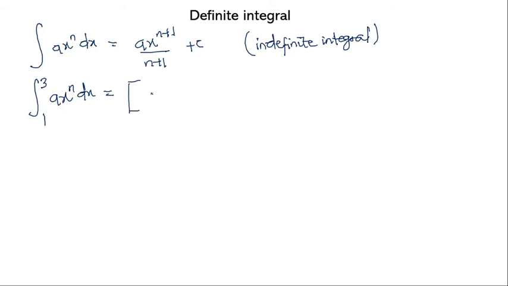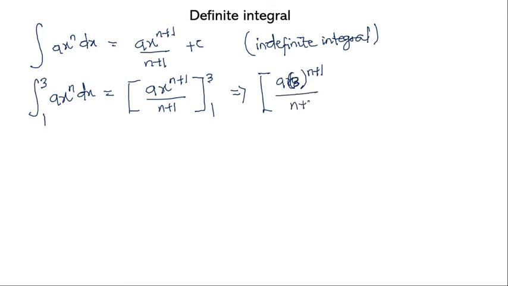Okay, so all we need to do is, if we integrate the function, we are going to have ax power n plus 1 over n plus 1. Then we now apply the limit to this. So we have 3, 1. So we need to express this in the form, wherever we see x, we put 3 there. So we are going to have something like this: a into brackets 3 raised to the power n plus 1 all over n plus 1.